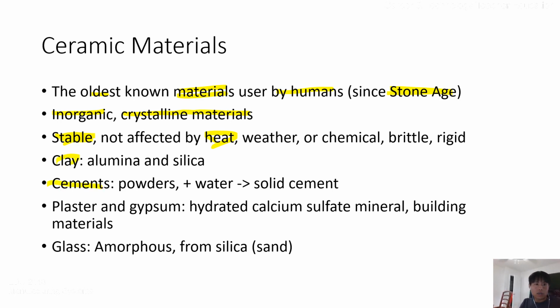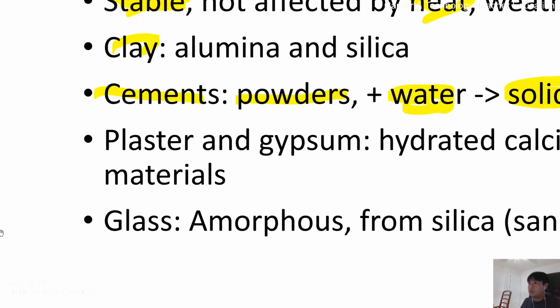One of the ceramic materials is cement. Cement is a type of powder, and by adding water, they make solid cement. So we use cement in our technology projects.